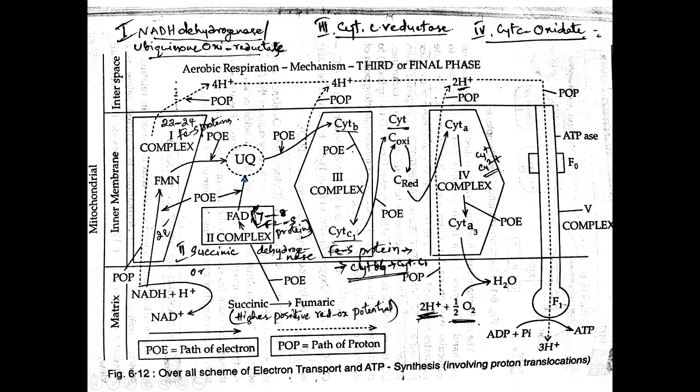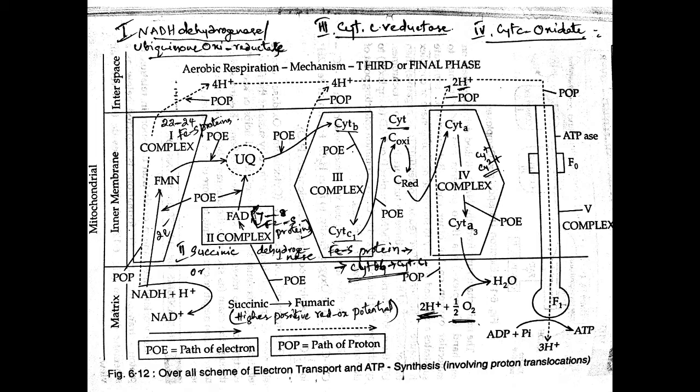So this is the first step. Oxidation and reduction transformations of ubiquinone play an important role in the electron transport. Then the second step.